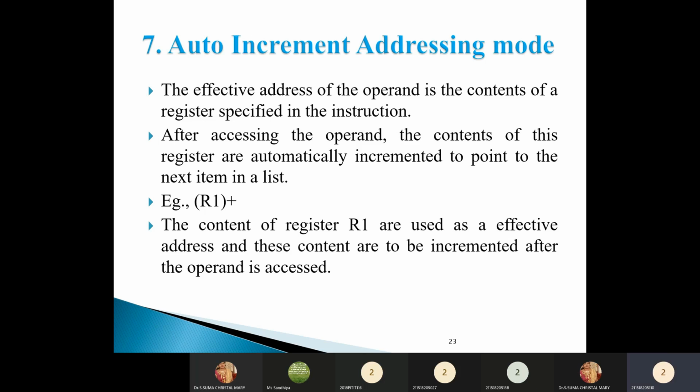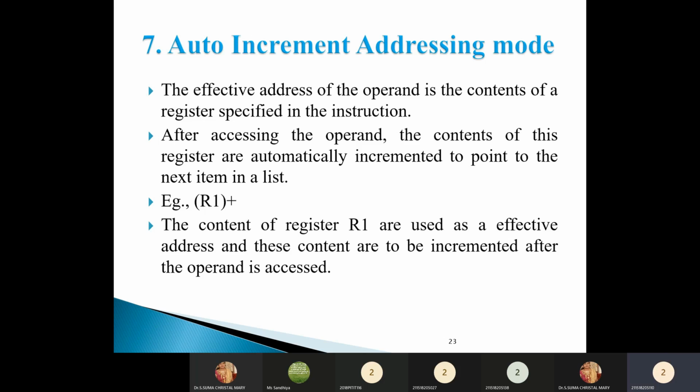A useful version of this mode is obtained if the program counter is used instead of a general register. Then X of program counter is used to address a memory location that is X bytes away from the location presently pointed to by the program counter.